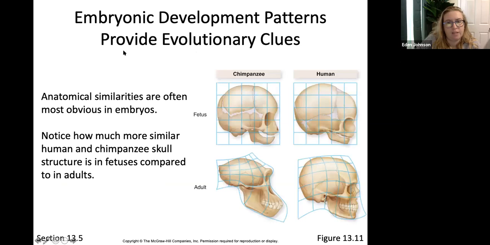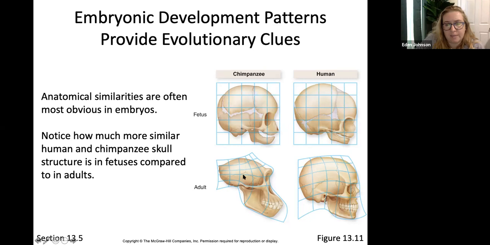All right, embryonic development patterns provide us with evolutionary clues. Even organisms that don't share a lot of obvious adult similarities will share really striking similarities when they are embryos, or when they are in the fetal stage, for instance. Here we have chimpanzee skulls as a fetus and as an adult, and human skulls as a fetus and as an adult.